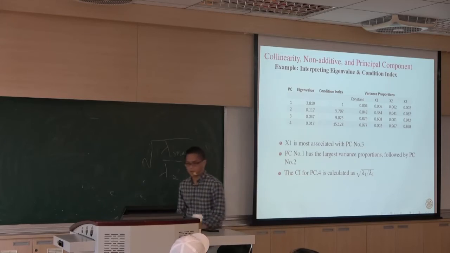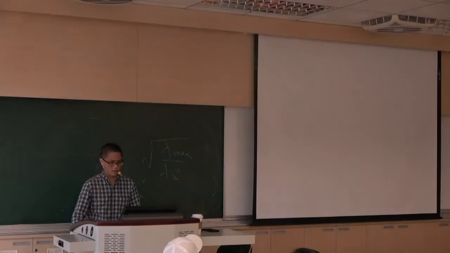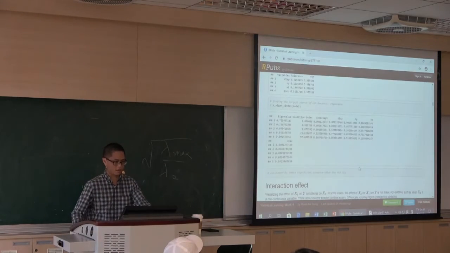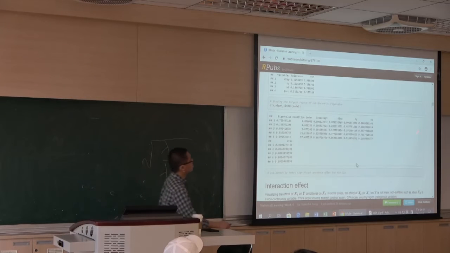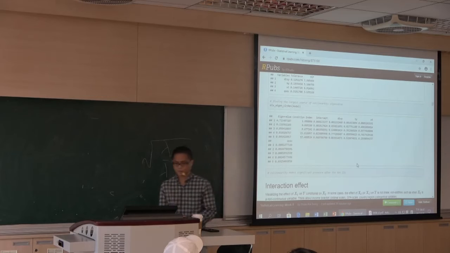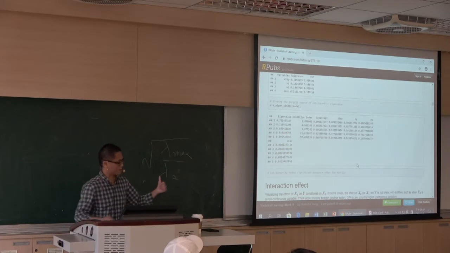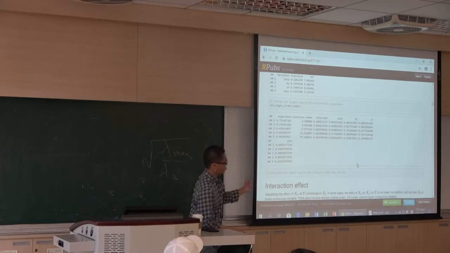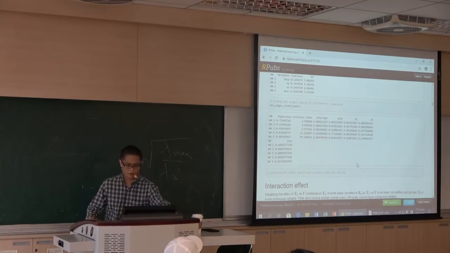So that's how we interpret that. And in R, it's the same way. You can look at this and interpret it yourself. There's still one thing we haven't talked about, principal component, but we are getting to that.